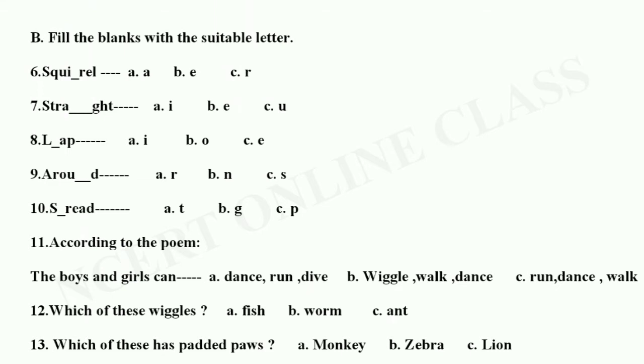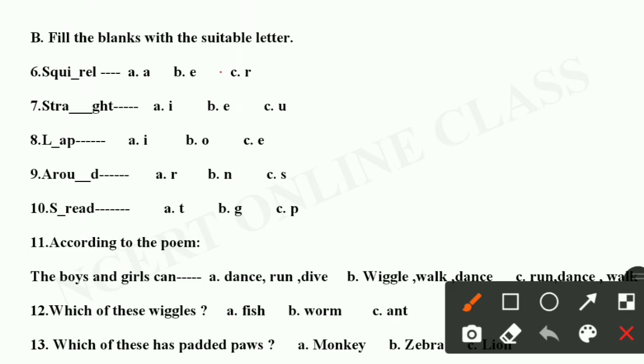First is squirrel, S-Q-U-I dash R-E-L. We know that the squirrel spelling is S-Q-U-I double R-E-L. So we need to tick R. We can write here also, but there is little space, that's why we can tick here.